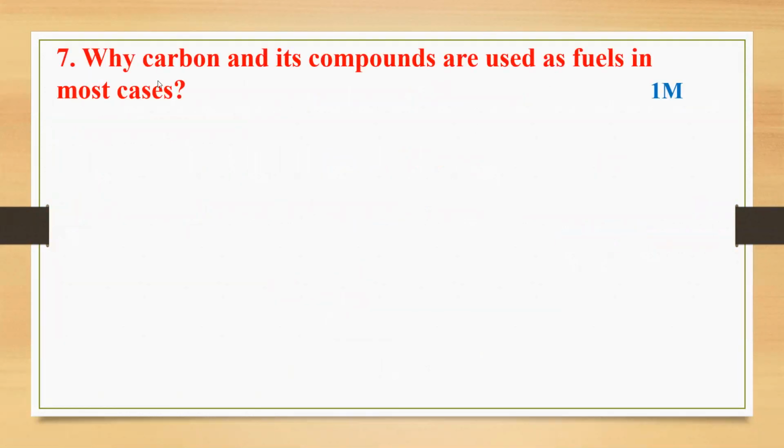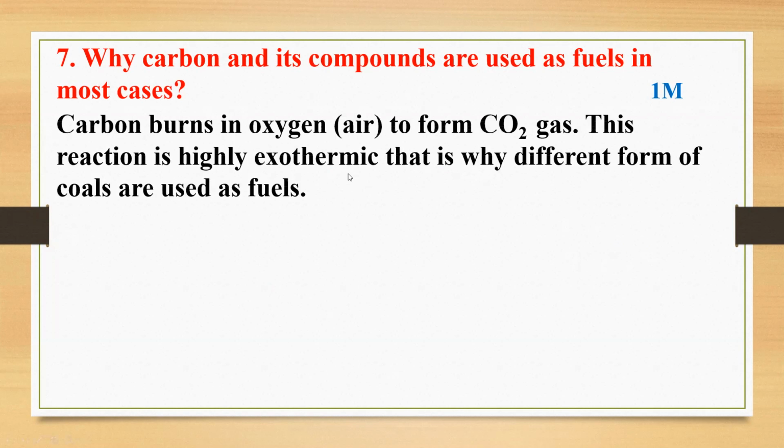Seventh one. Why are carbon and its compounds used as fuels in most cases? Because, you know, when carbon reacts with oxygen, or carbon with hydrogen, it produces a lot of energy. Due to that reason, carbon and carbon-containing compounds are used in many cases: petrol, kerosene, diesel, coal, coke.